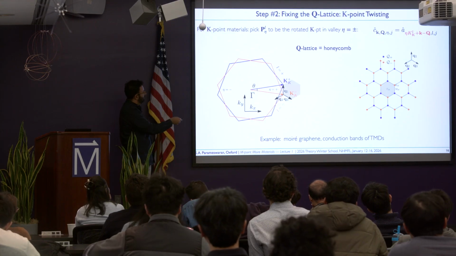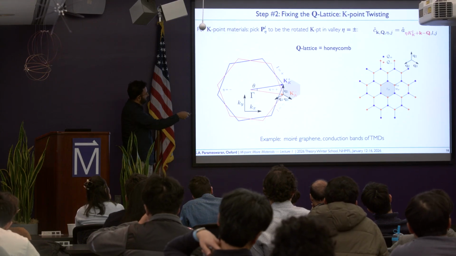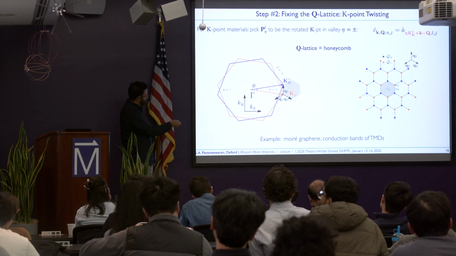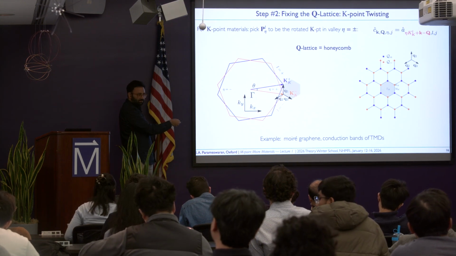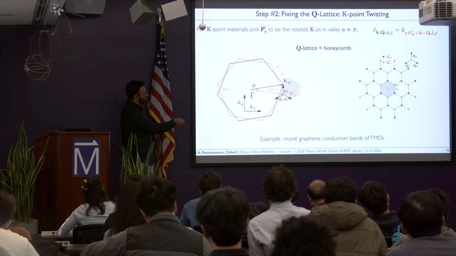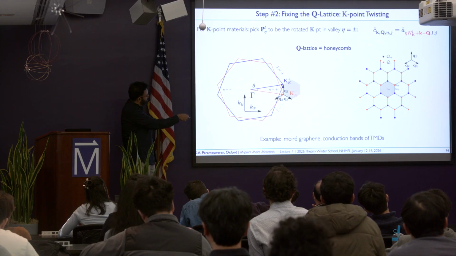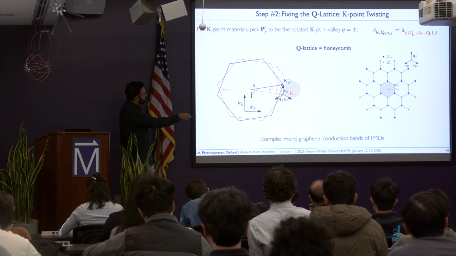You're right that it's this K point of the moiré problem. But you notice that the small difference between them is just something that's smaller than the moiré unit cell. And so you can just check that this will always be smaller. And so if you think about this, the offset that you get is this vector Q1, if you like.